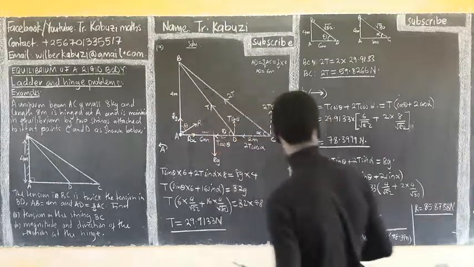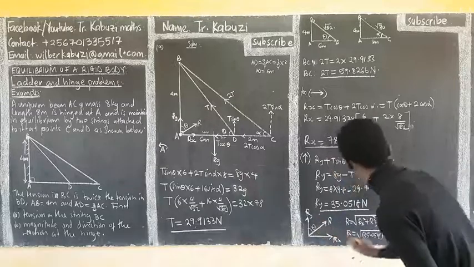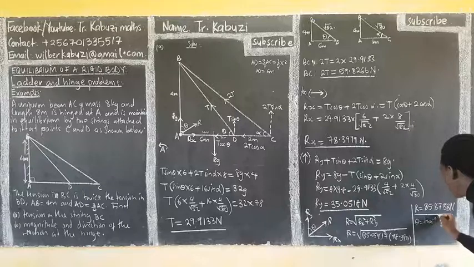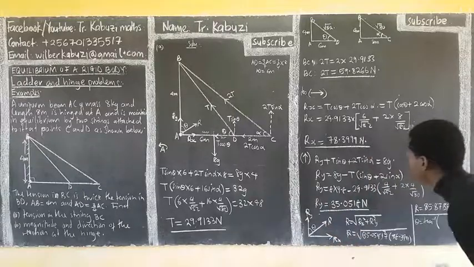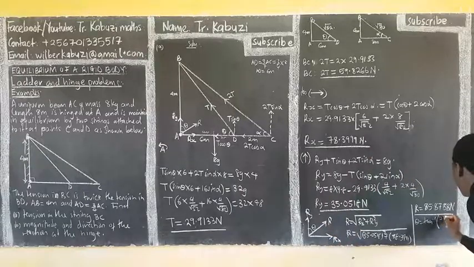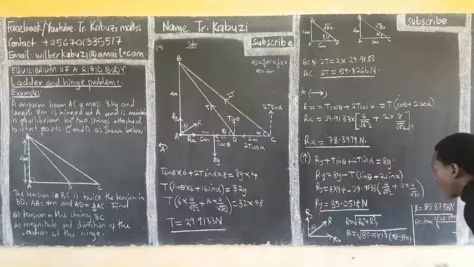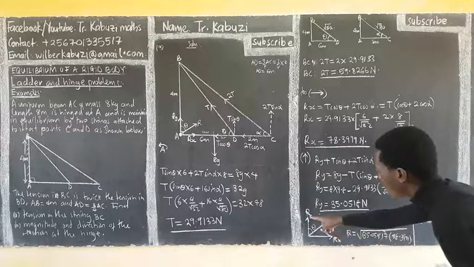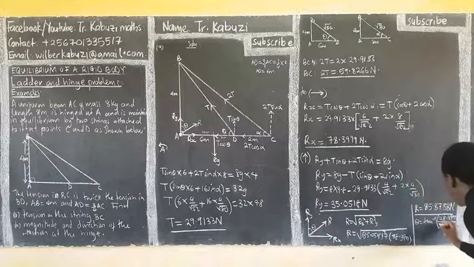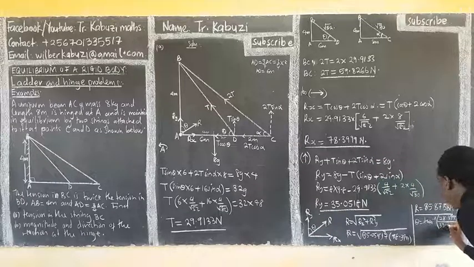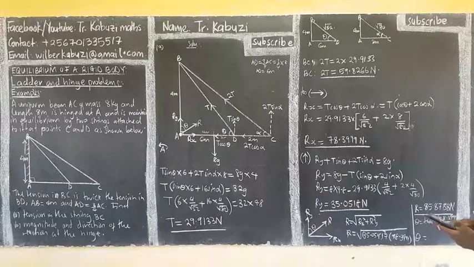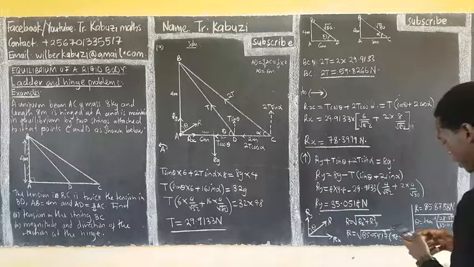Our theta is going to be tan inverse of the opposite, which is Ry, 78.3991, over the adjacent, which is Rx, 35.0518.